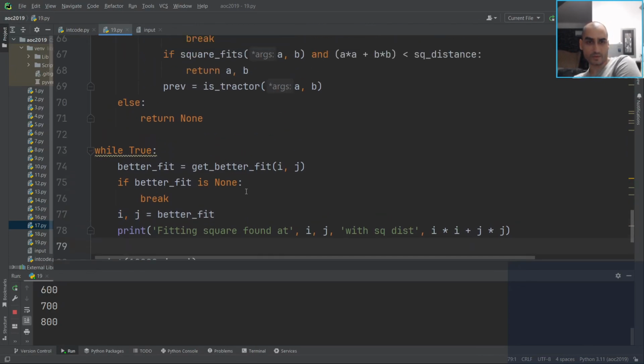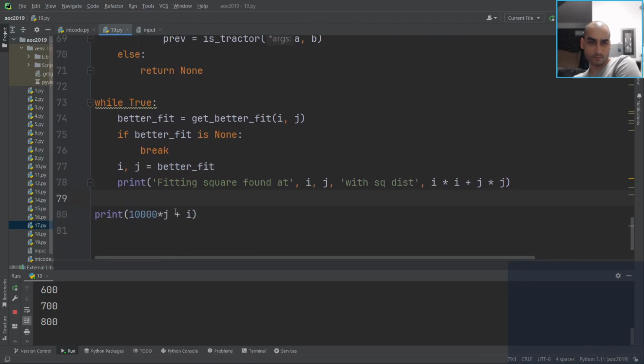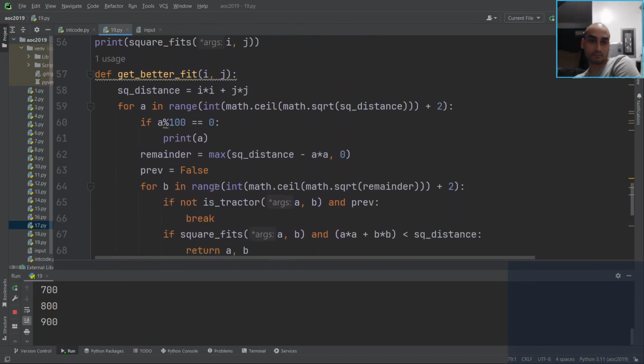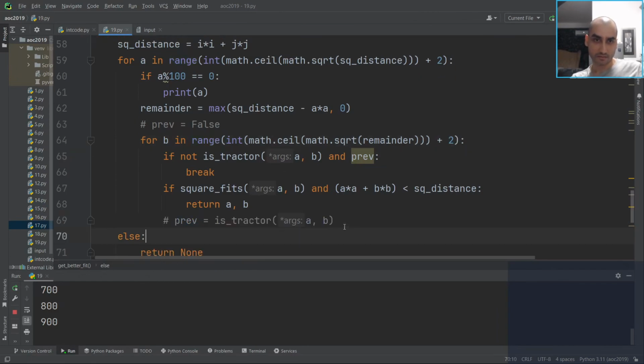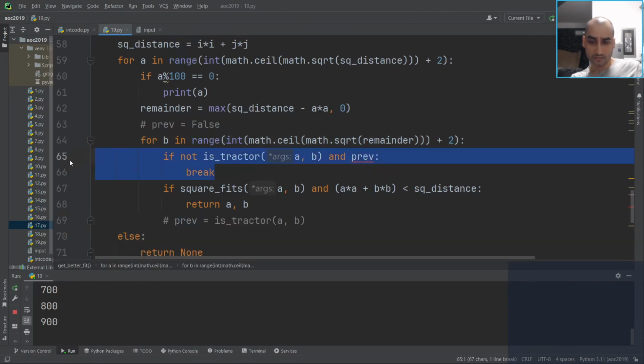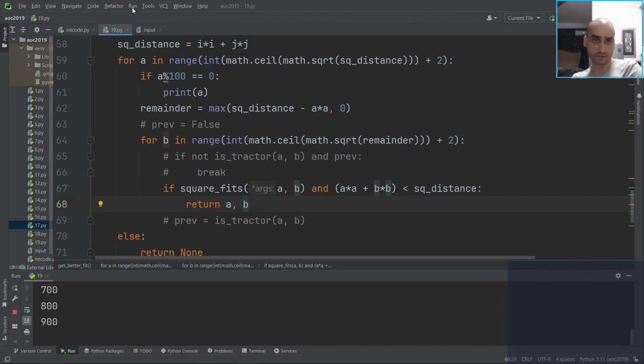We'll see what's wrong with this. Should we take out this prev thing? I don't know if I trust this. Okay, just do the full lot.